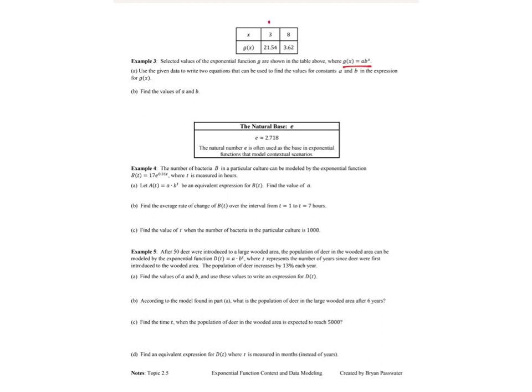I've got two separate x values here. So I could say that g of 3 equals a times b to the third. Or I could say g of 8 equals a times b to the 8th. There. Two equations that can be used. Both of those are true.